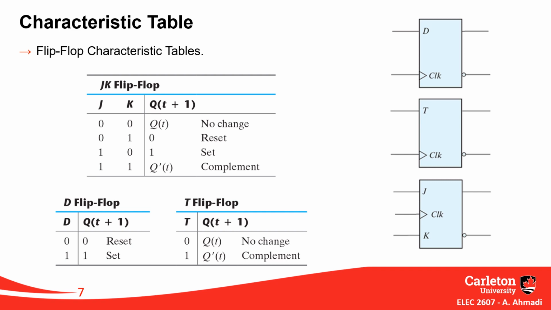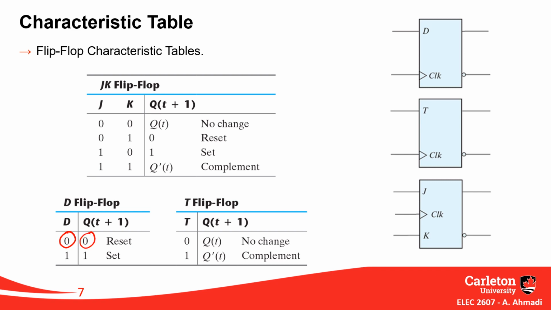We have 3 choices in terms of flip-flops: D flip-flop, T flip-flop, and JK flip-flop. Based on what we had before, we've seen that in previous lectures. In D flip-flop, whatever you apply to the input will be saved in your output.